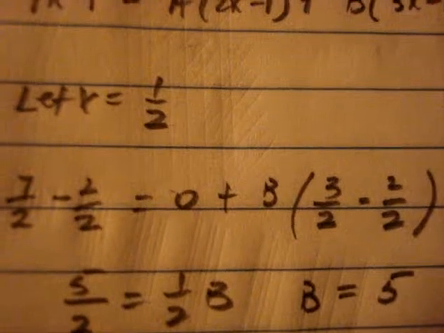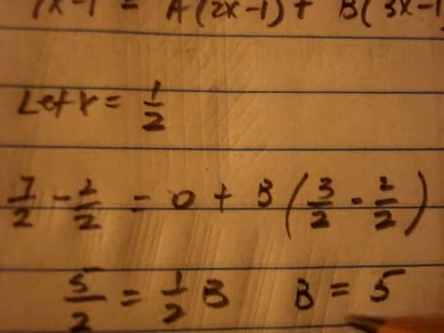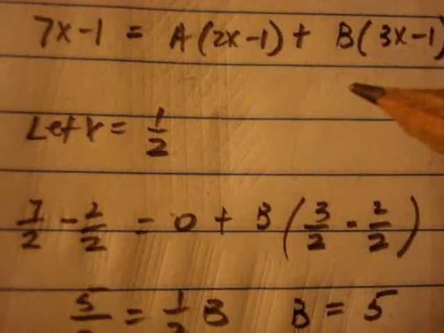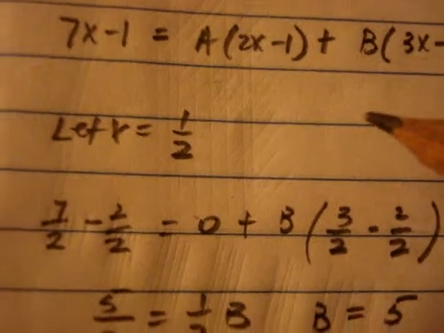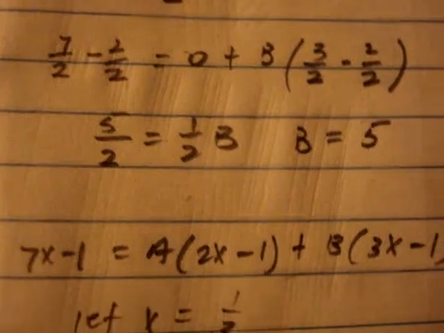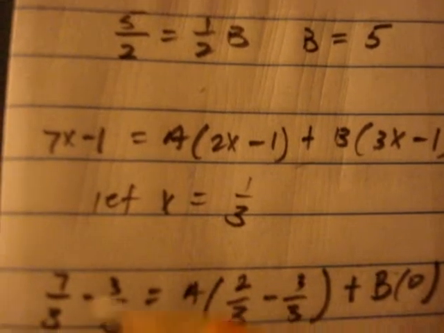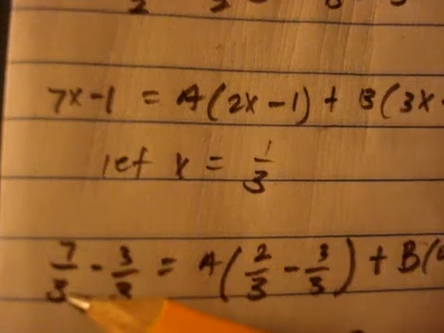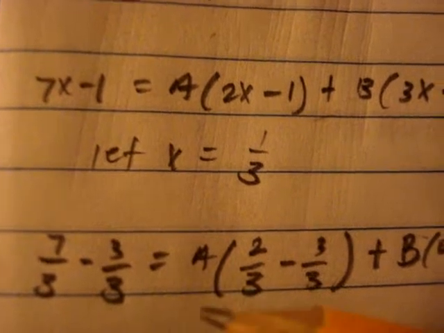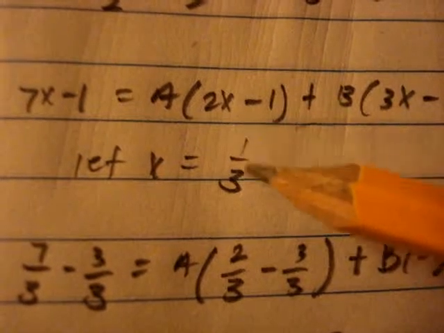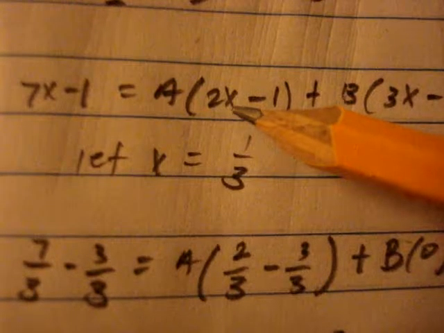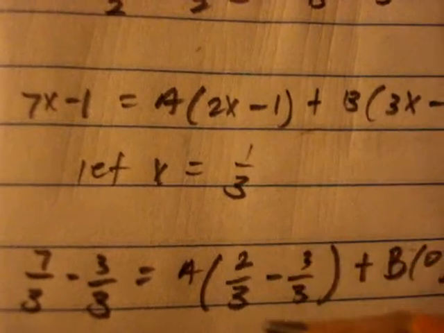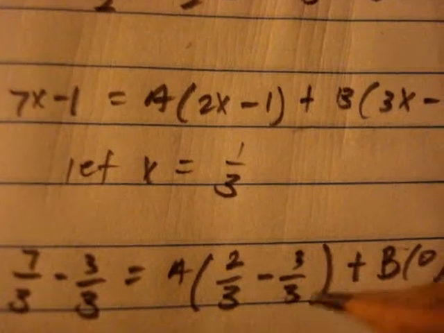Once you have the B value, you want to make the B expression right here equal to 0. So you let x equal 1/3. So 1/3 plugged back into here, 7 divided by 3 minus 3 divided by 3. And then the 1/3 plugged into here will be 2 times 1/3, which is 2 divided by 3 minus 3 divided by 3.